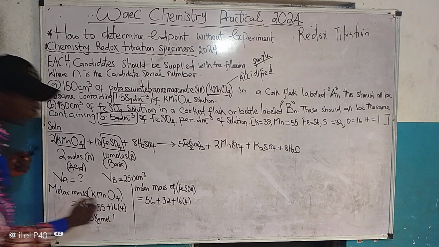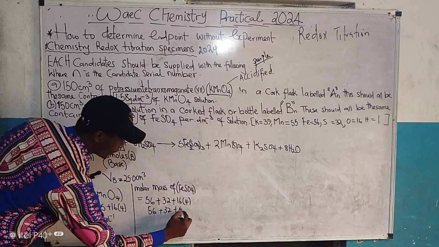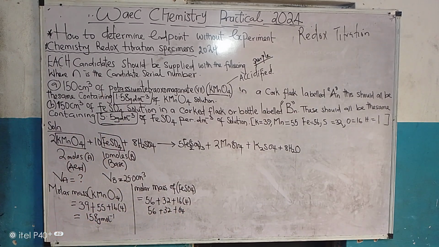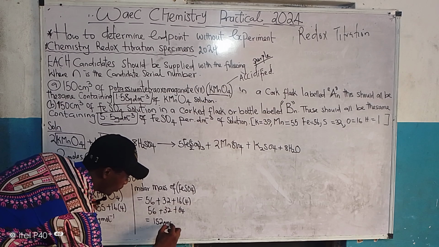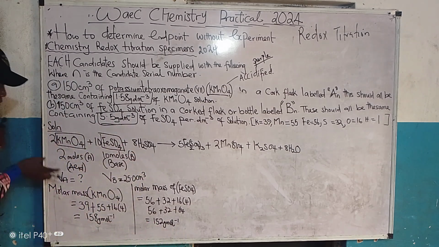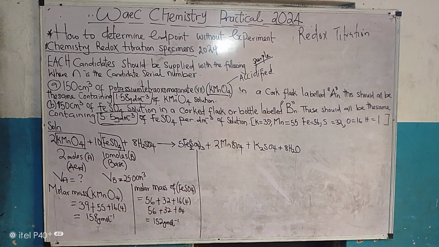So what do we have? 56 plus 32 plus 64. We have 152 grams per mole. If you have known the molar mass of this and the molar mass of this, then you're already halfway to your success.